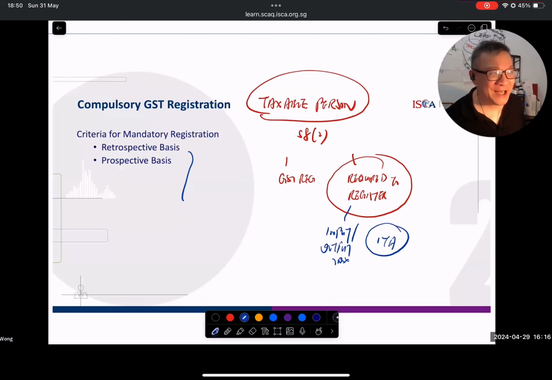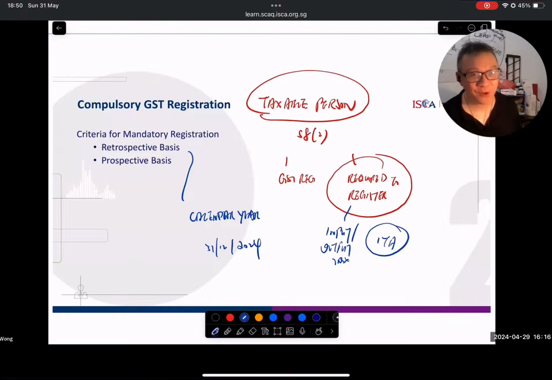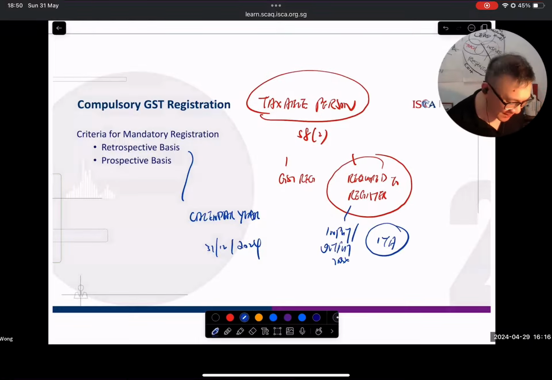The way to look at retrospective is simpler because it falls under the calendar year basis. What calendar year basis means is, let's fast forward to 31 December 2023, because it signals that it has happened.